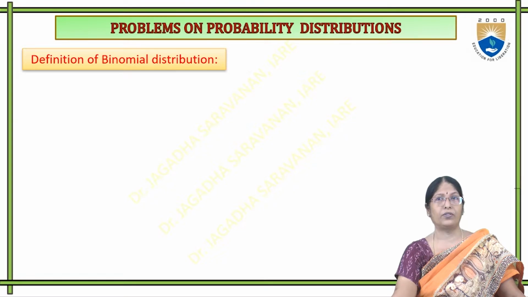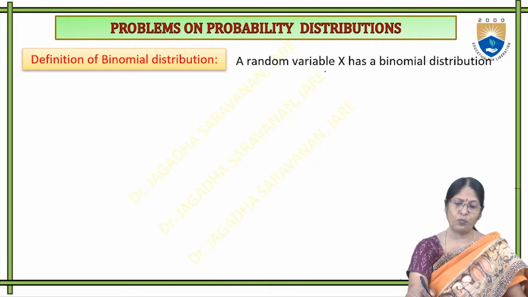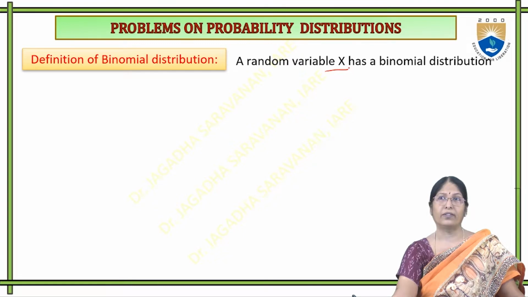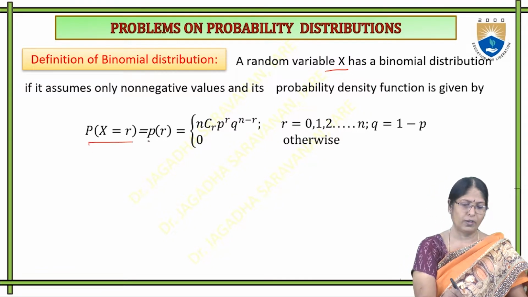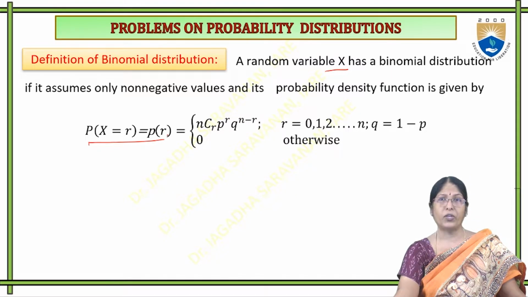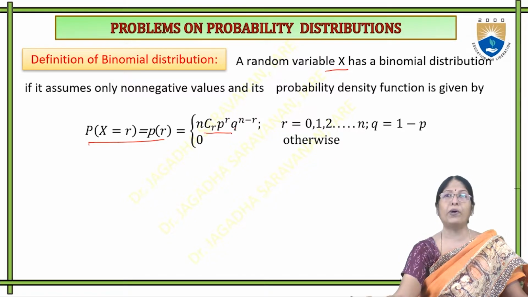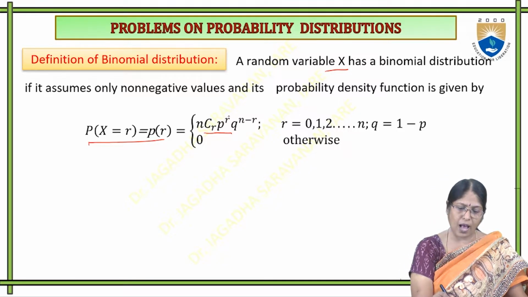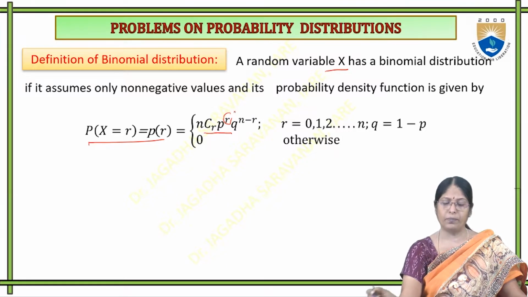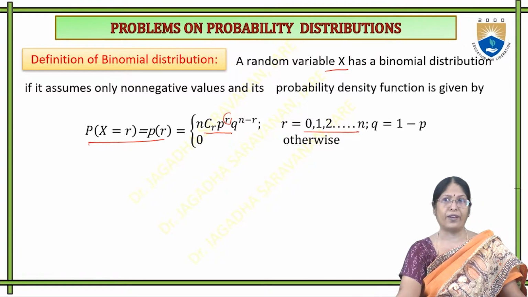Definition of binomial distribution. A random variable, capital X, has a binomial distribution if it assumes only non-negative values and its probability function is given by P(X = r) = P(r) = nCr p^r q^(n-r). Here r takes values from 0 to n, which is finite.